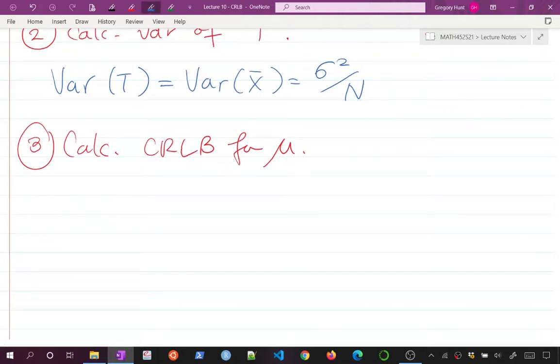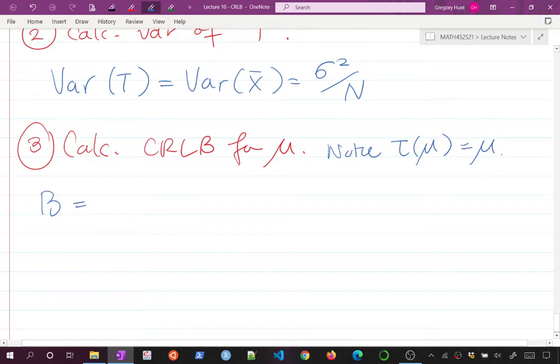Again, I'm going to do this relatively quickly. We did this example more slowly in the previous lecture. So we want to find the bound. In our case, notice this is the nice case where tau of mu is just mu. We're not estimating any function of our parameter. It's just the identity function. We're not estimating anything fancy.